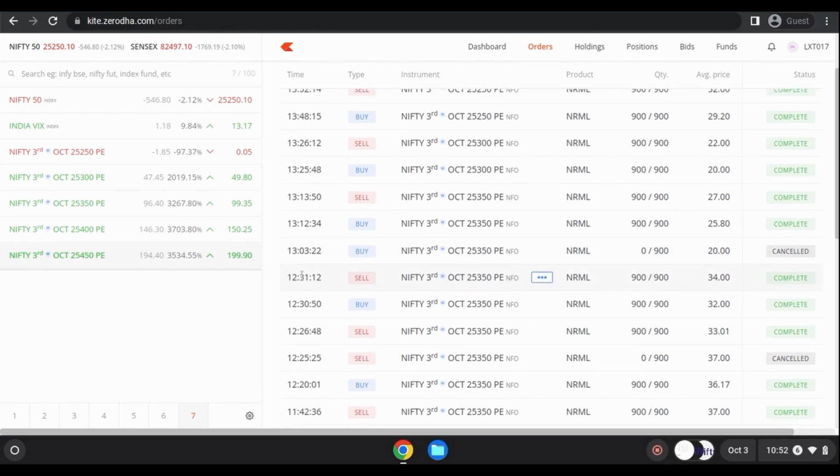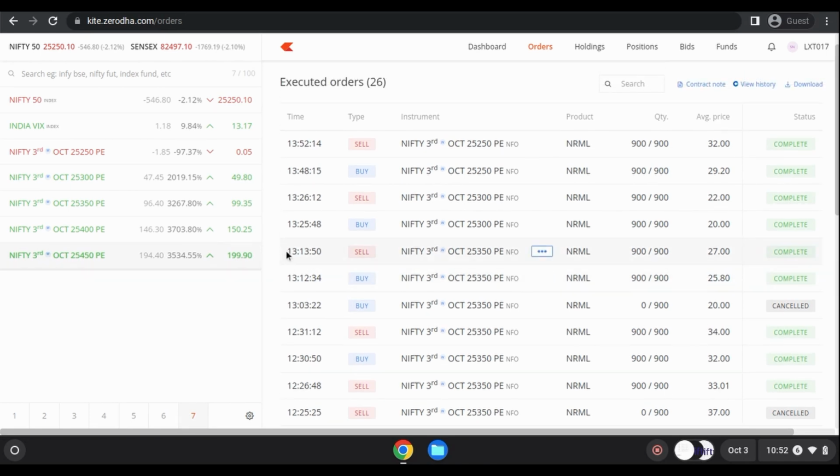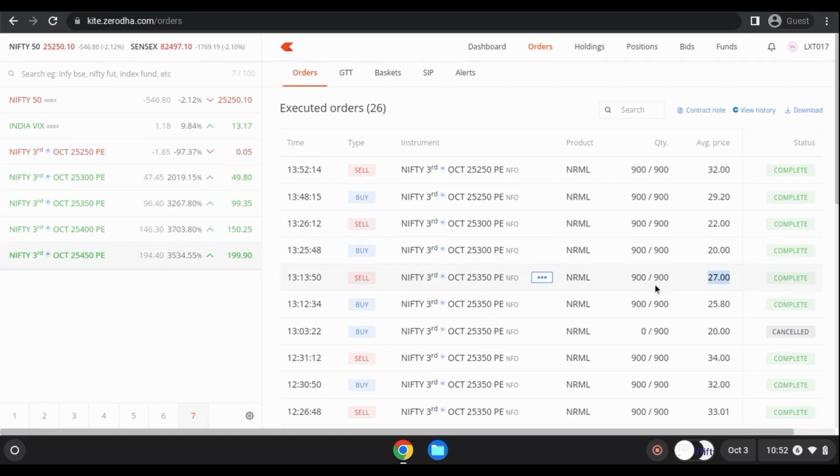And then again at 1:12 p.m. I've entered the trade at 25 rupees, and then at 1:13 p.m. I've exited at 27. It's again 2 points.